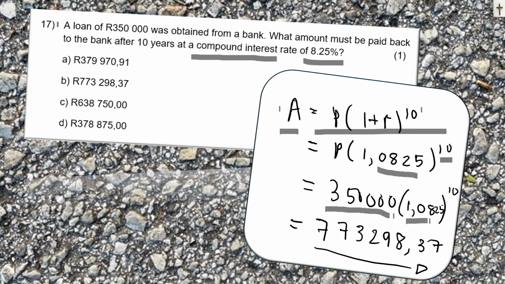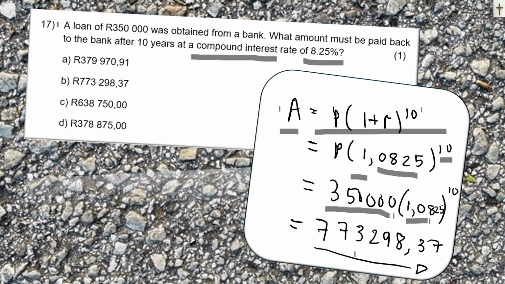Number of periods, 10 years. You put that into your calculator. Second function, you pick that little button, x to the y. Might be different on your calculator. Punch in 10, and then you push equals, multiplied by the 350,000. And there's your answer.